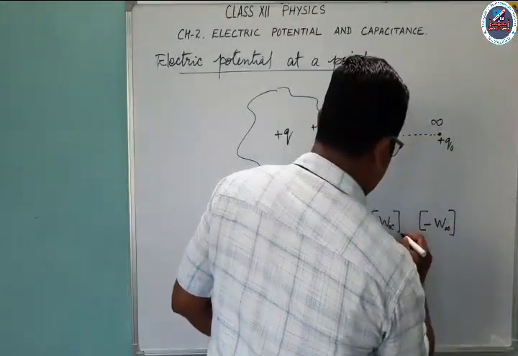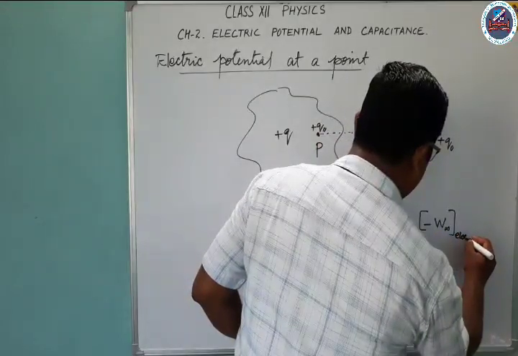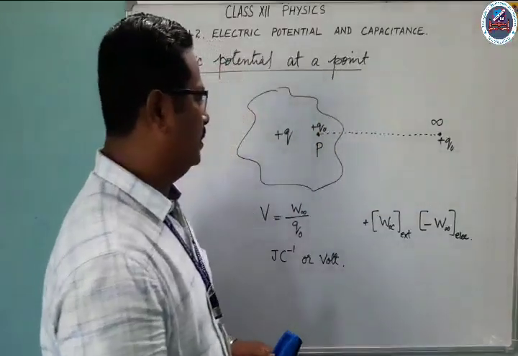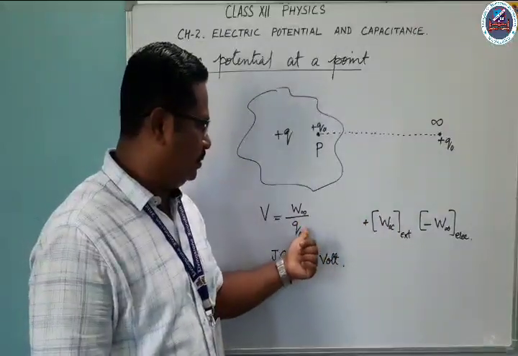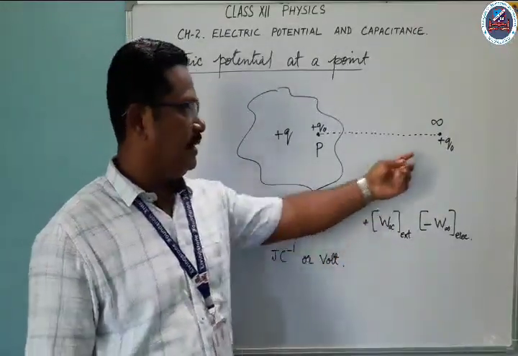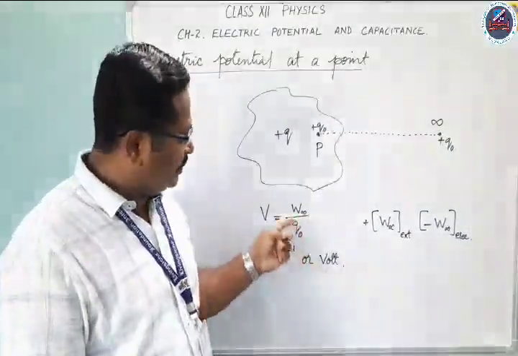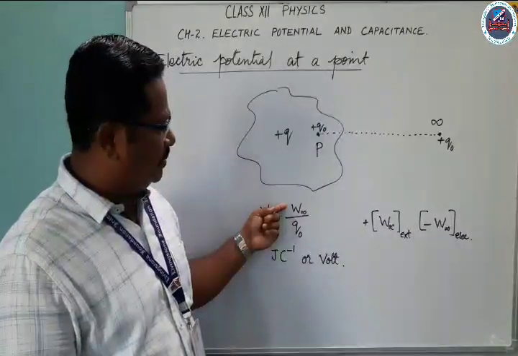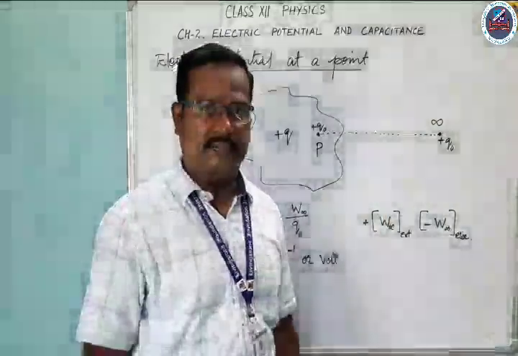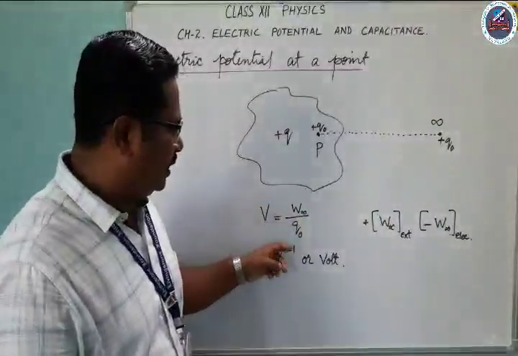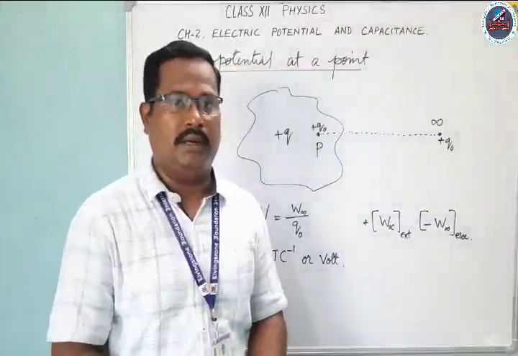And if the test charge is positive, the sign of Q naught is positive; if the test charge is negative, the sign will be negative. So work done can be positive as well as negative, and charge can also be positive or negative. Depending upon the work done and the charge, the potential can be negative or sometimes positive.